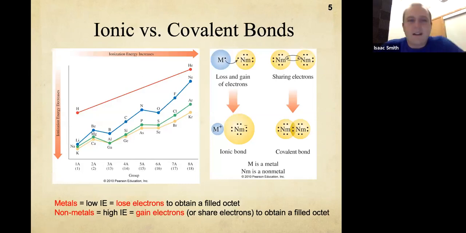So we're looking at ionic versus covalent bonds here, and this is where they really differ. So ionic bonds here on the left will either lose or gain electrons in order to bond. So if we have a metal here, so this could be like sodium or potassium or something, right?